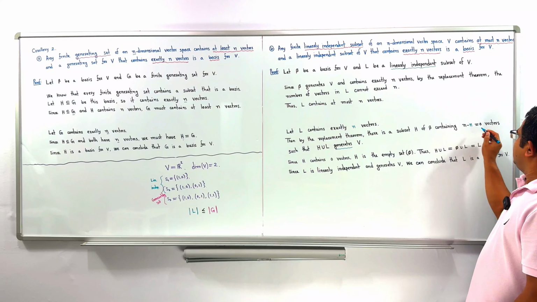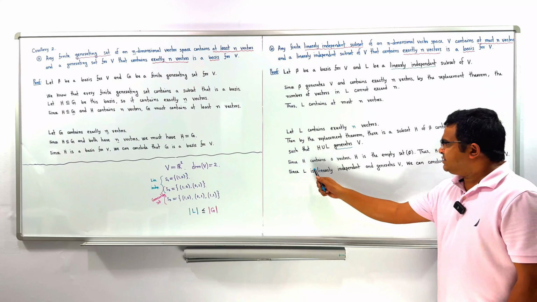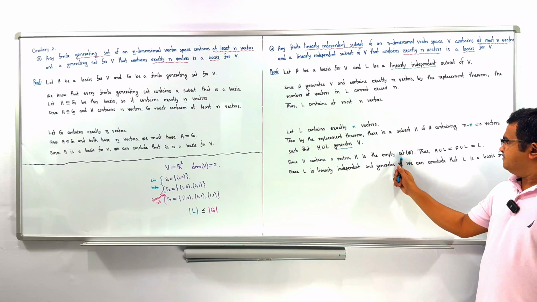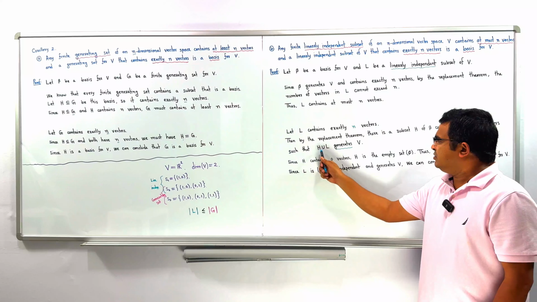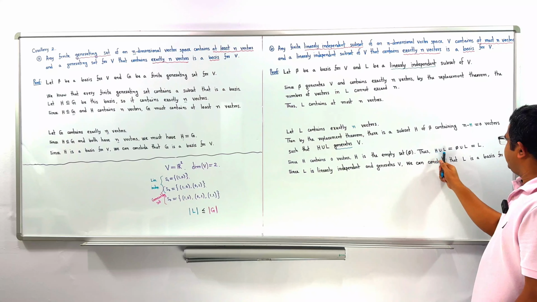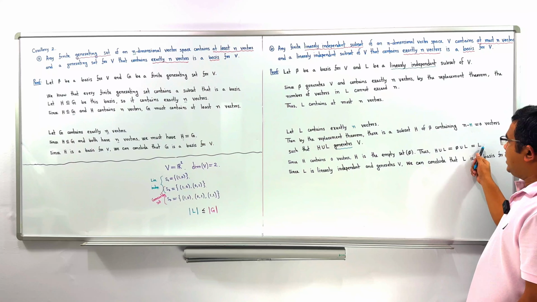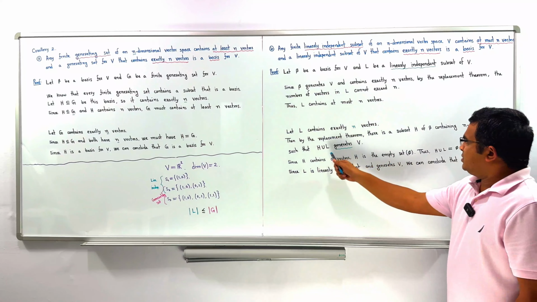H will contain 0 vectors, so H is the empty set. And if you take the union H union L, that would be only L.